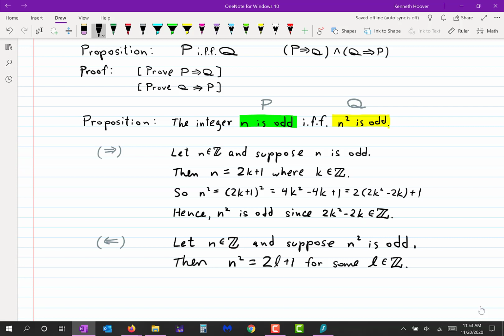Maybe that's not the direction to go. What are some other options? What about if I try contrapositive? In other words, what does that mean? What if I suppose the negation of Q and derive the negation of P?